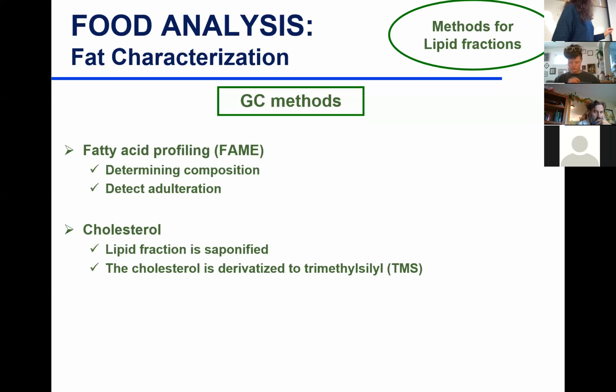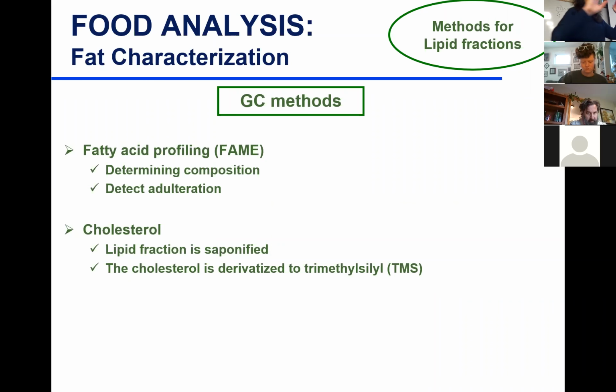Now for cholesterol, cholesterol is an unsaponifiable matter. When you saponify triglycerides, you're breaking the fatty acid esters from glycerol, but cholesterol is not saponifiable. When you saponify with NaOH, let's say your triglycerides, you get fatty acid salts. These fatty acid salts are soluble, so you can separate them, and your cholesterol remains in the organic phase.